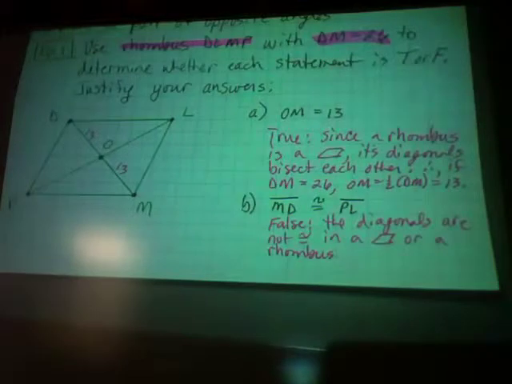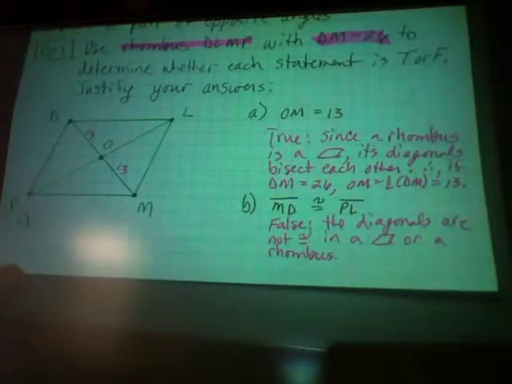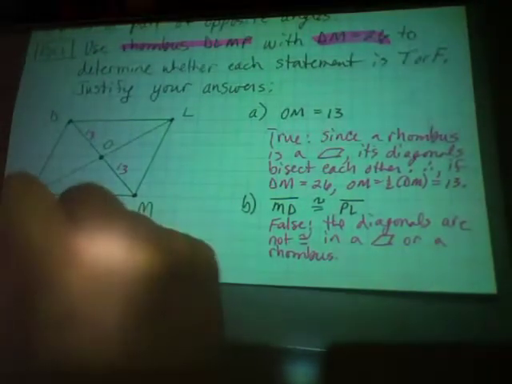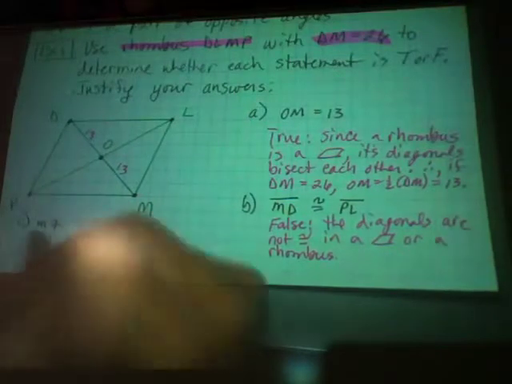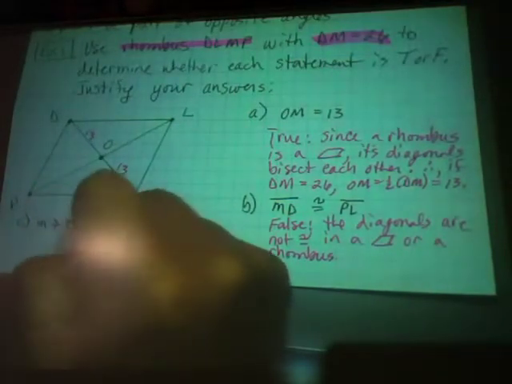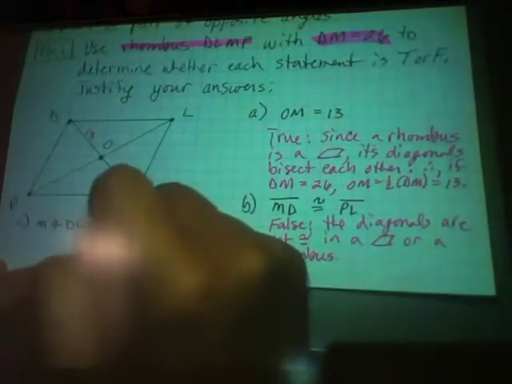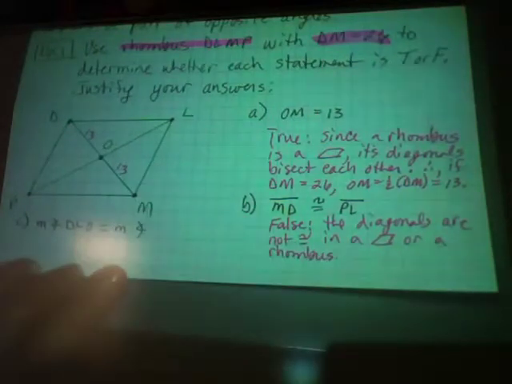Okay, last question on this one. C, the measure of angle DLO is equal to the measure of angle LDO.